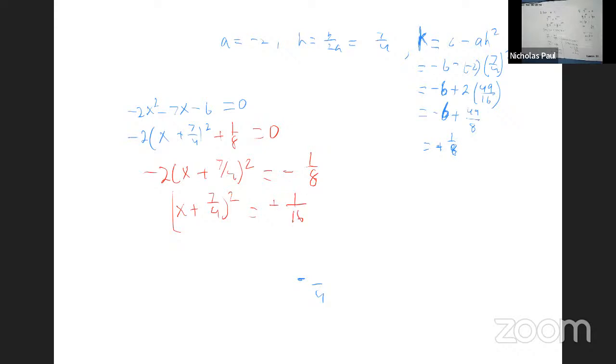Next step, you have to square root both sides. So you'll get x plus 7 on 4 equals the square root of 1/16, which is plus and minus 1/4. And then you minus 7 on 4. So you'll end up with minus 6 on 4 as one answer, and then minus 8 on 4, which is minus 2, as the next answer.